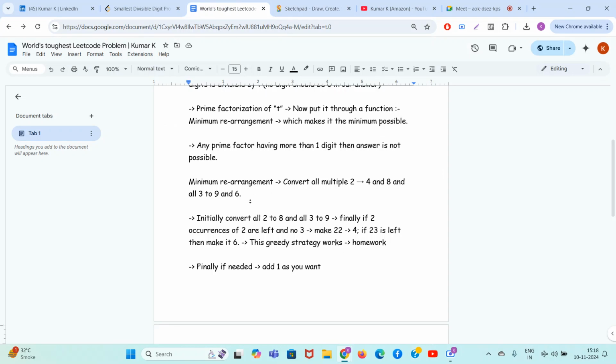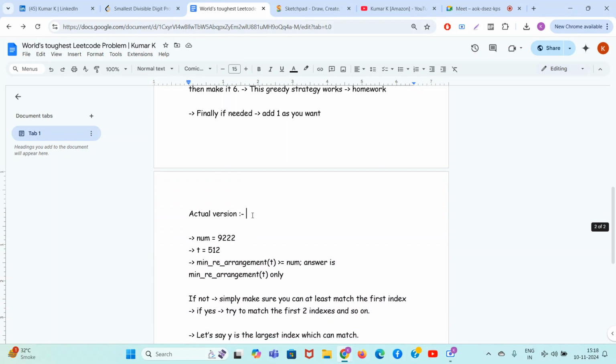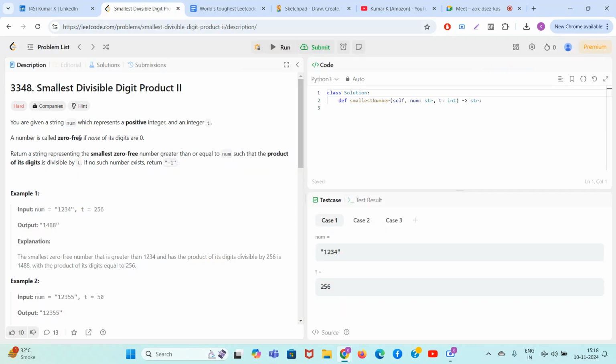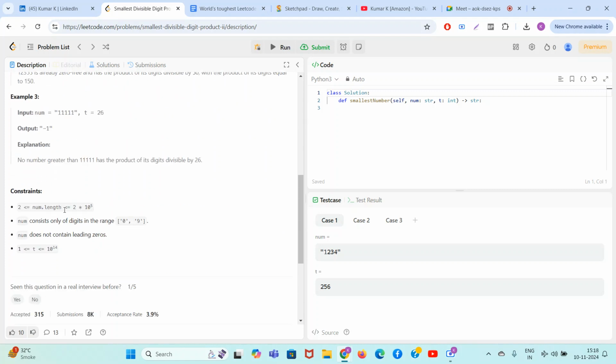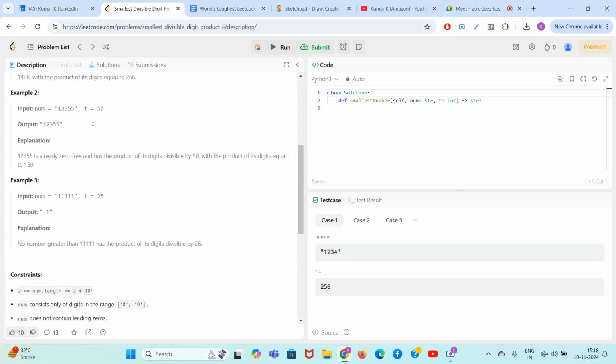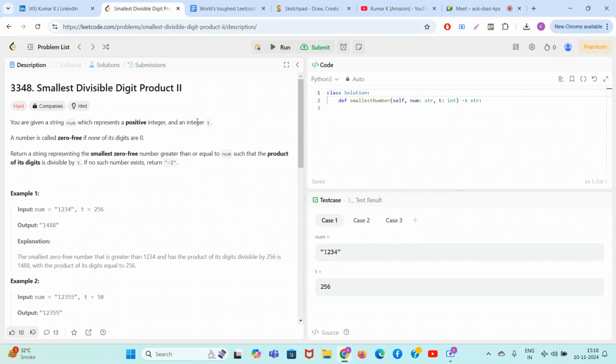Try to do it. The actual problem is that you have to do the same thing, but your final answer should be greater than or equal to the input number given. So basically, you are given a very big number. The length of that number can be as large as 10 raised to 5. You are given a t also. Now you have to find the answer, which is what?